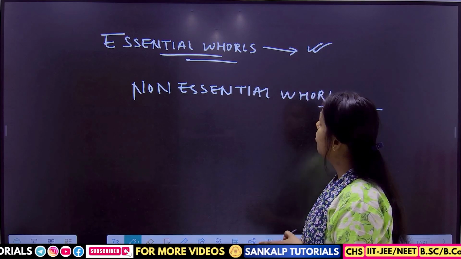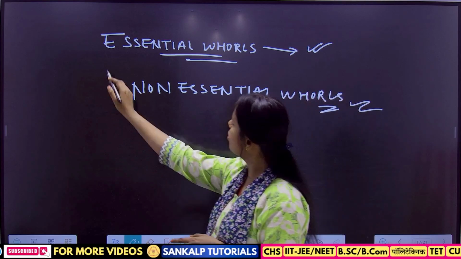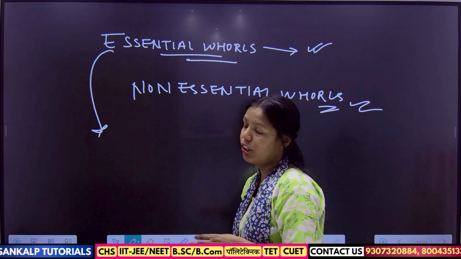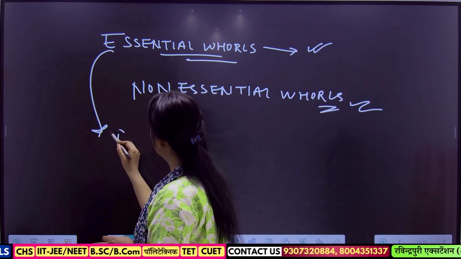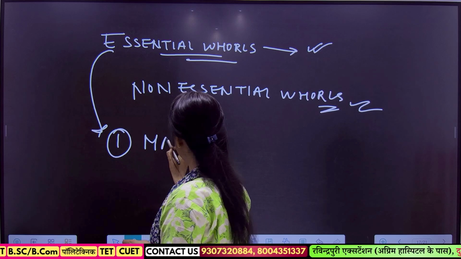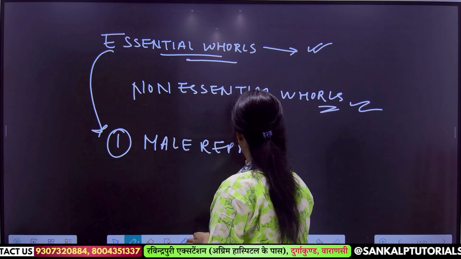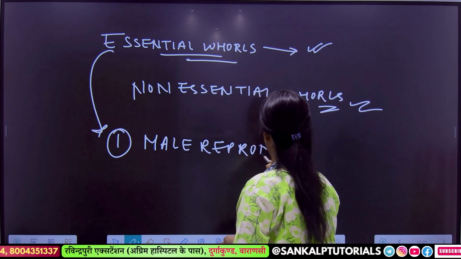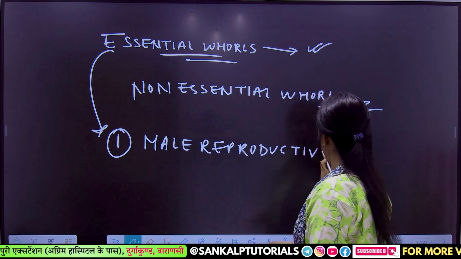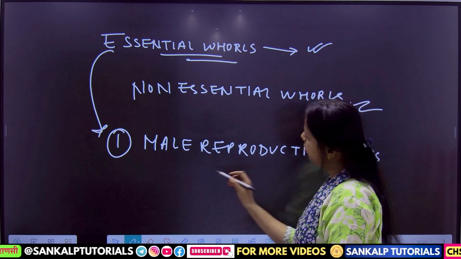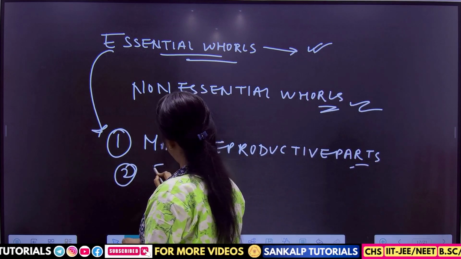First we discuss the parts related to essential whorls. The first one is the male reproductive parts in flowers, and the other is the female reproductive parts.